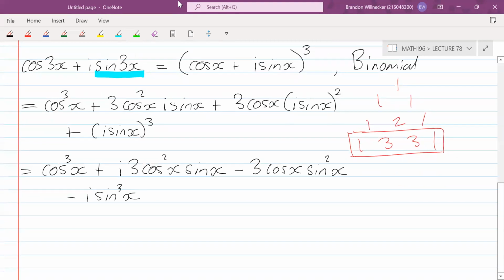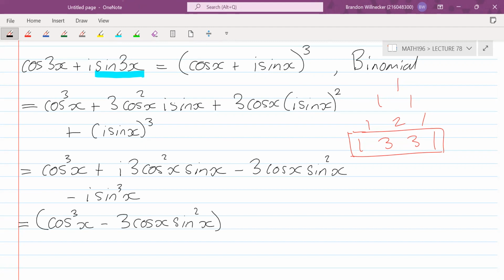So let's collect the imaginary terms to one side and the real terms to another side. So for the real part, we're going to have cos cubed x minus 3 cos x sine squared x. That's the real part.